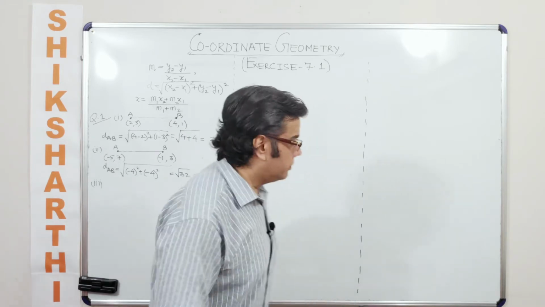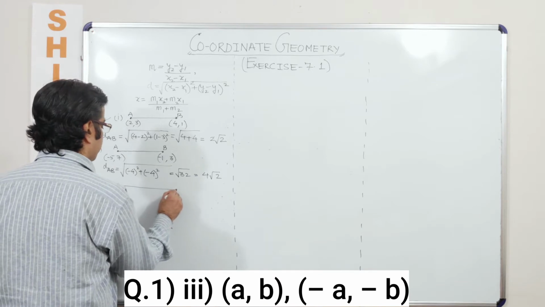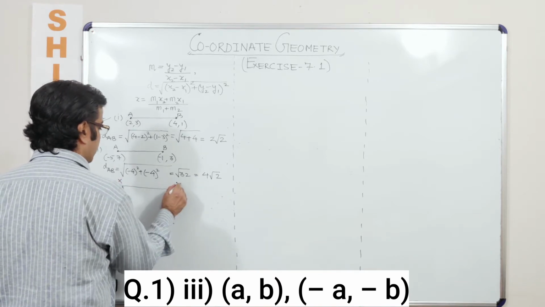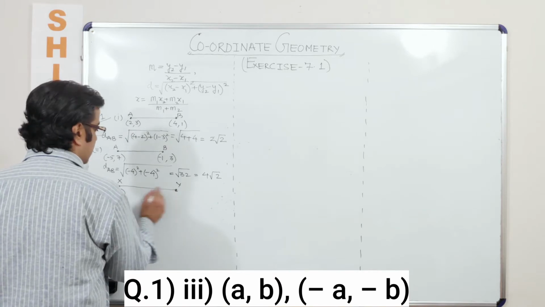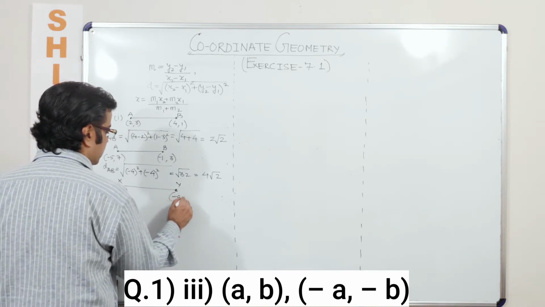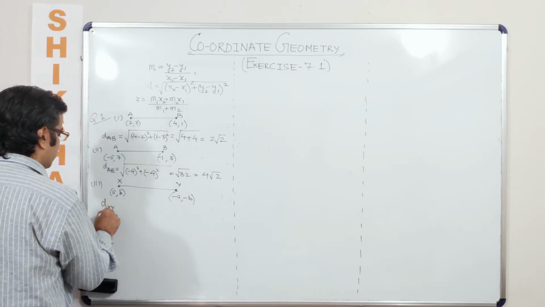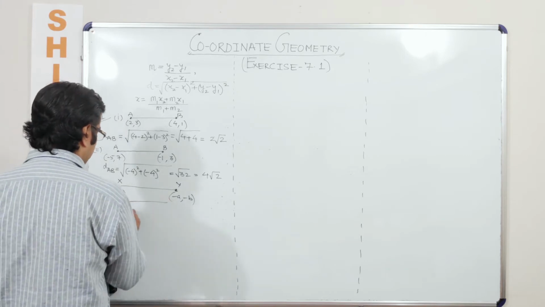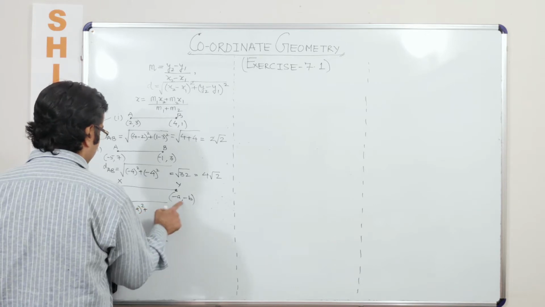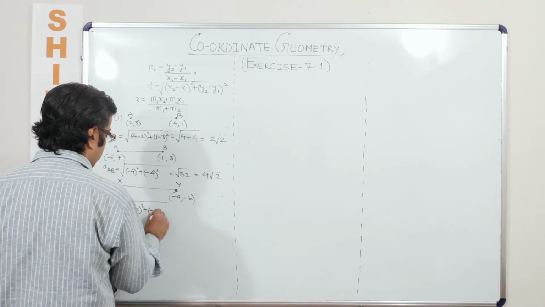Now finally you have to find out the distance between A, B. Let me take 2 points as X, Y, wherein the coordinates of X are A, B, and the coordinates of Y are minus A, minus B. If I have to find the distance between X and Y, this will be nothing but the square root of, minus of minus A, which becomes minus 2A whole square, plus minus of minus B, so this becomes minus 2B whole square.